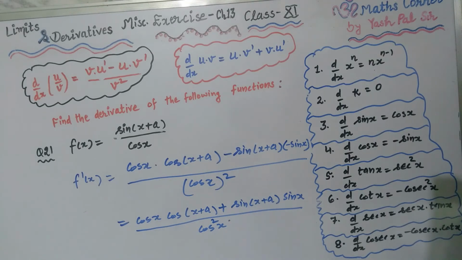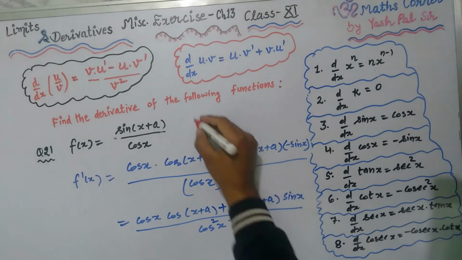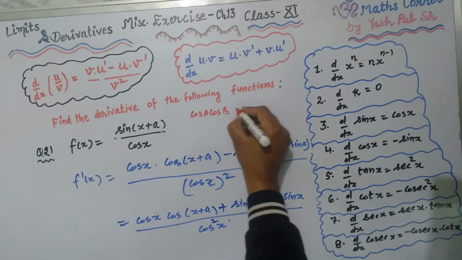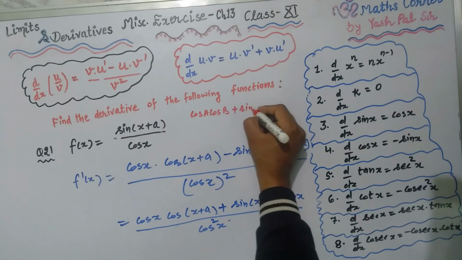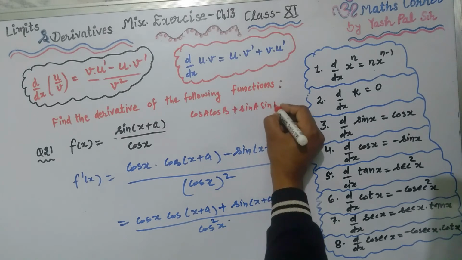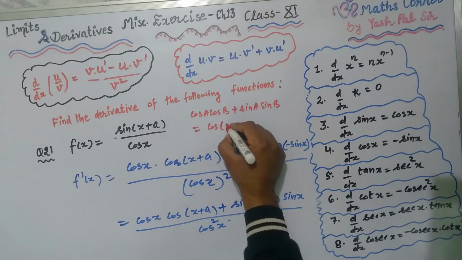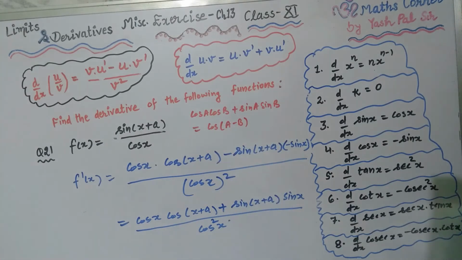Okay, one more thing we can do here: cos a cos b plus sin a sin b. What is the formula? Remember that we have cos a cos b plus sin a sin b. This is cos of a minus b, right?